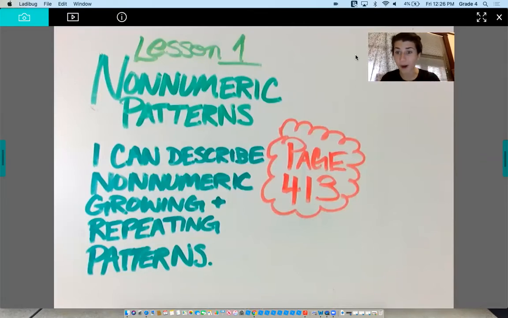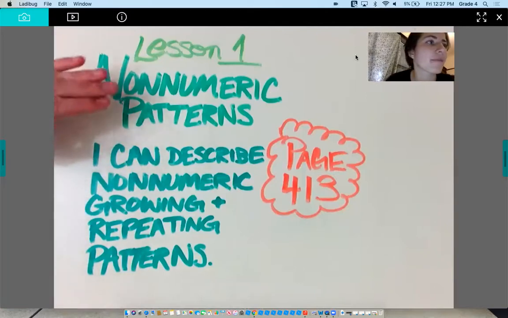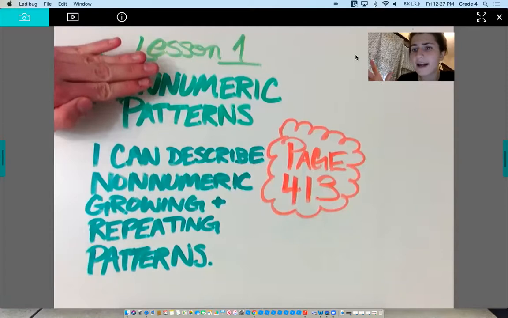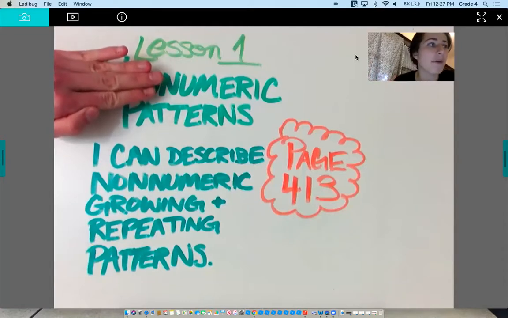Now, part of being a good mathematician is also being a good reader, right? So we're going to work together to understand what exactly we're learning about today. Non-numeric patterns. Okay. So I look at this word, numeric. Is there a root word in there that seems familiar?